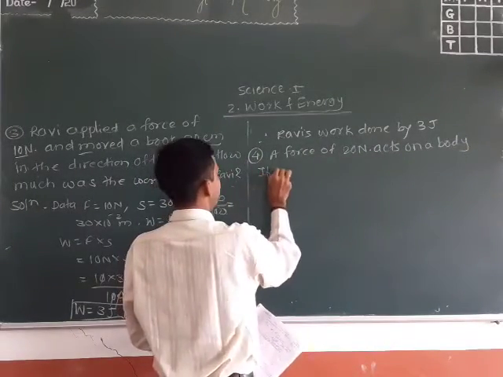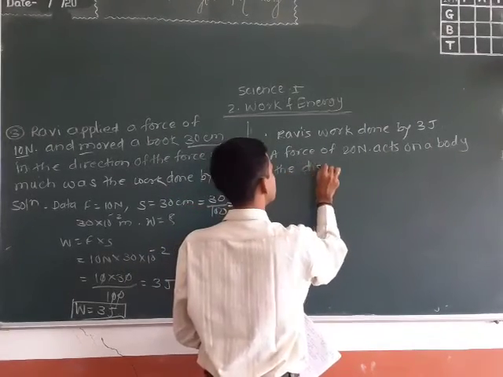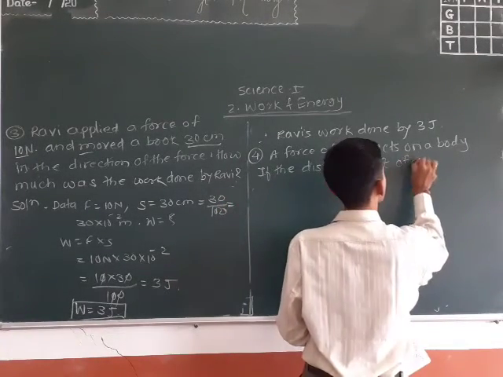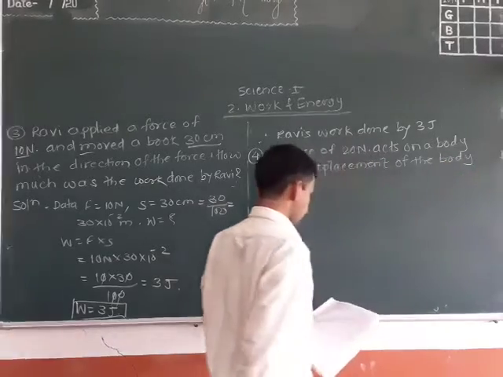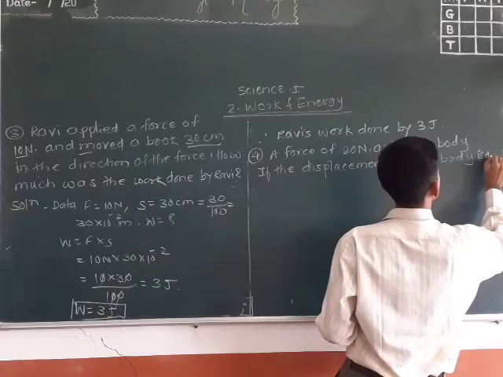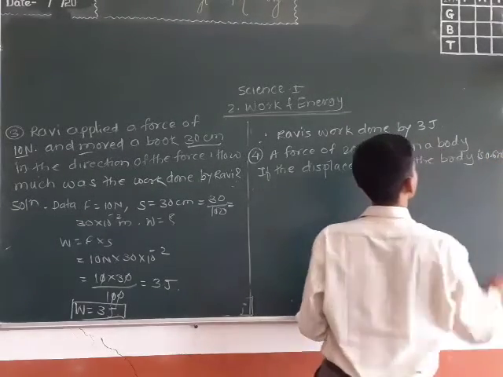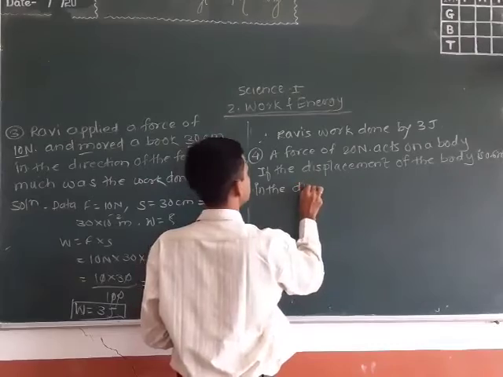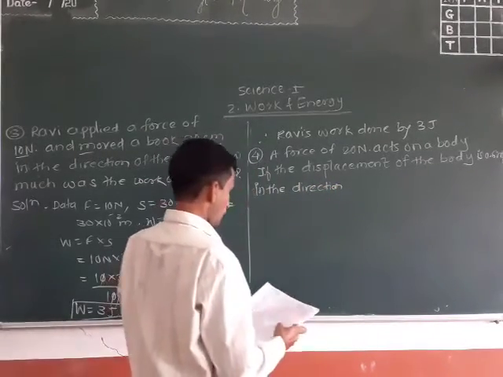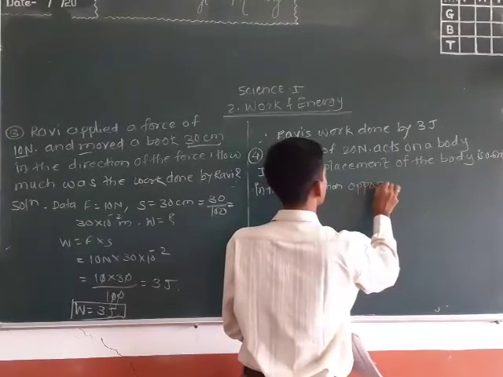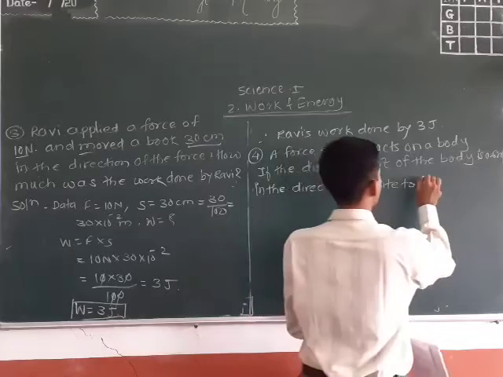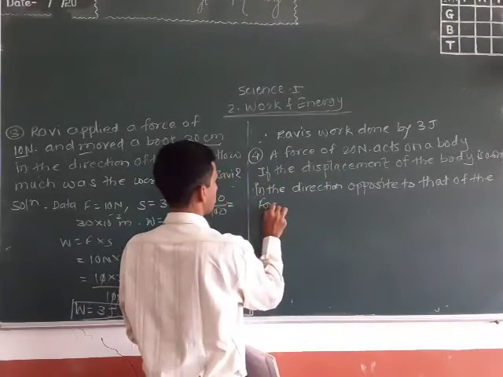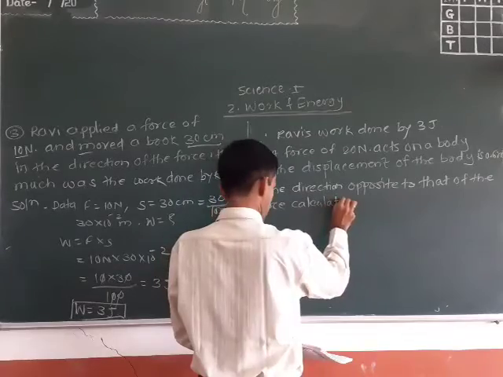If the displacement of the body is 0.6 meter in the direction opposite to that of the force, calculate the work done.